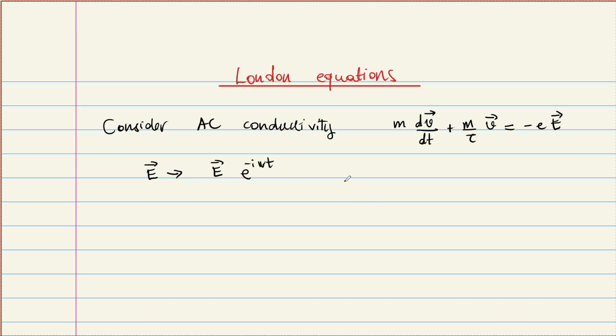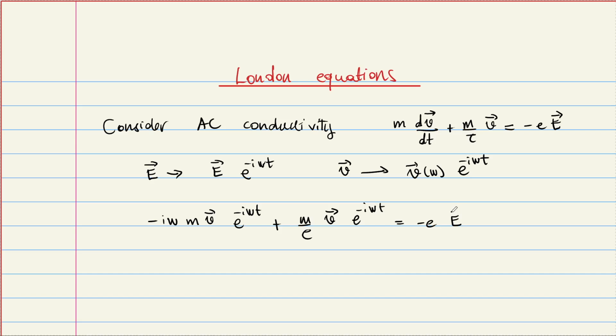E is complex and v is v of omega times e to the minus i omega t. If we substitute here, what you are going to find is minus i omega m v e to the minus i omega t plus m over tau v e to the minus i omega t is equal to minus e E e to the minus i omega t. I already took the derivative, so there is no derivative here.